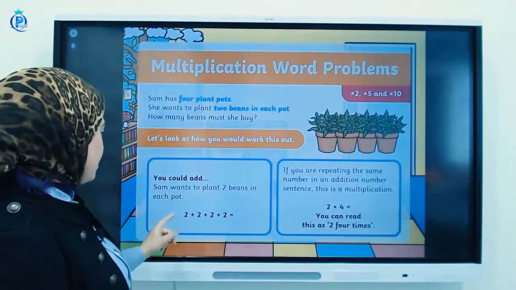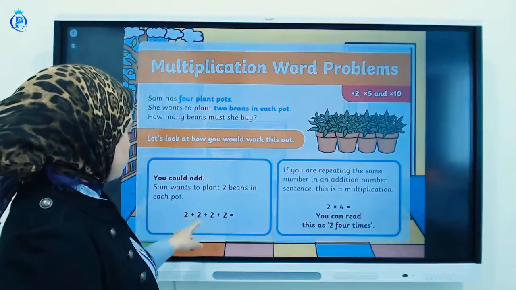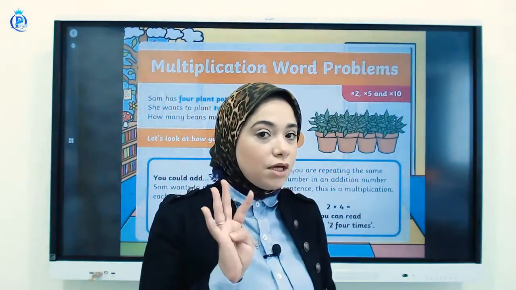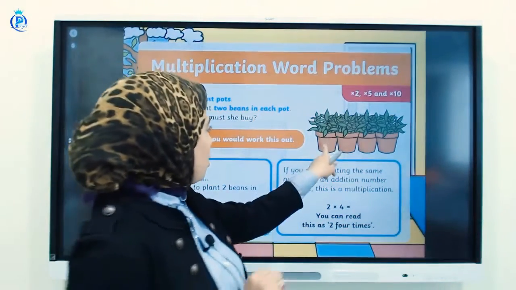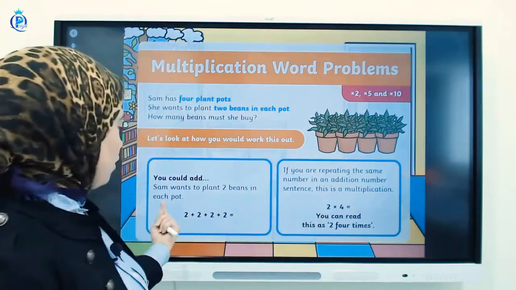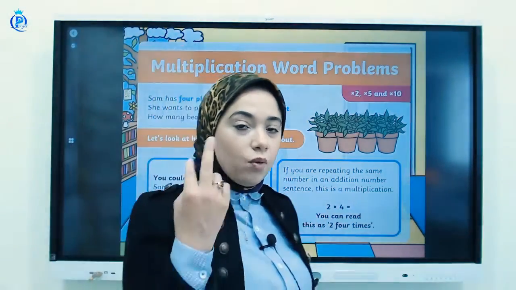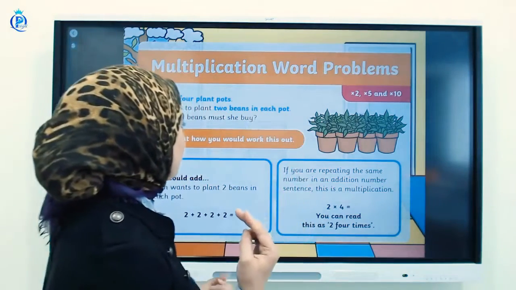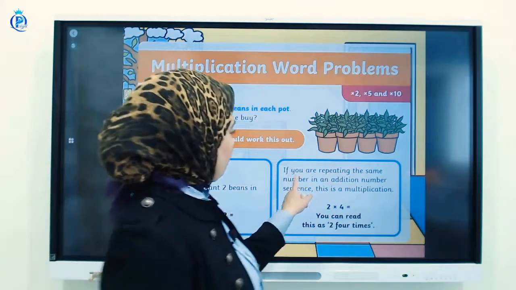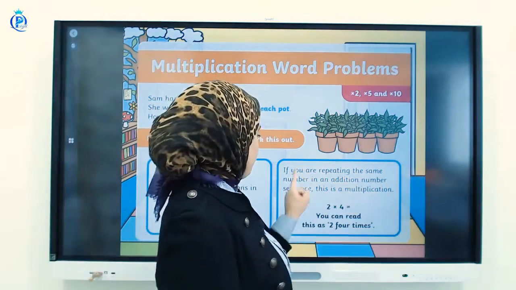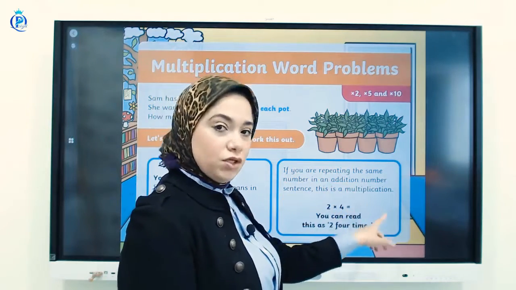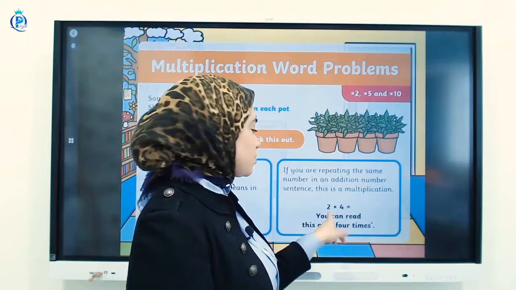You could add 2 plus 2 plus 2 plus 2, 4 times, because I have 4 plant pots, and in every plant pot I will put 2 beans. Or if you are repeating the same number in an addition number sentence, this is a multiplication, so it is 2 times 4.